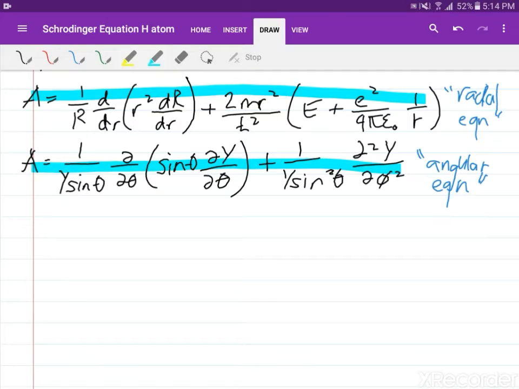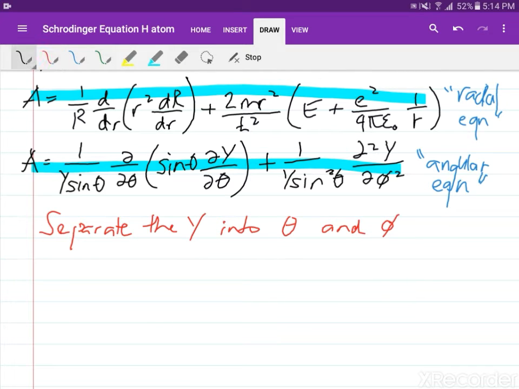Now we continue our solution by separating the angular part into a polar and an azimuthal part, theta and phi parts.